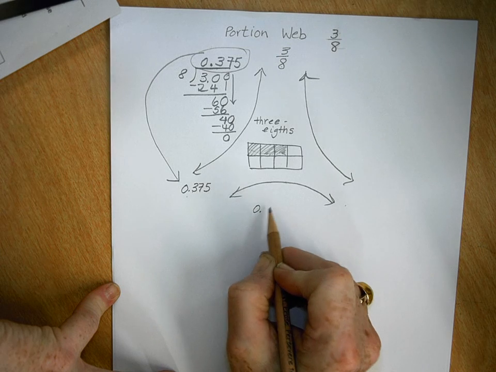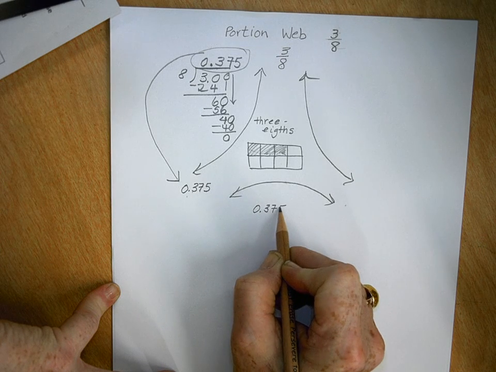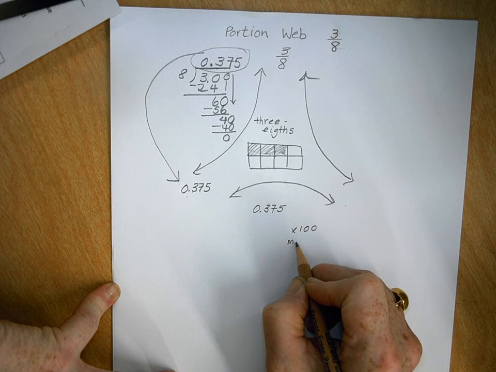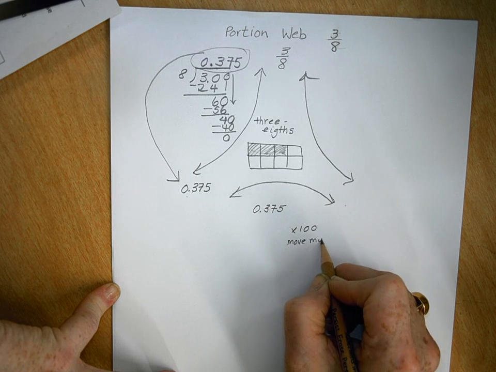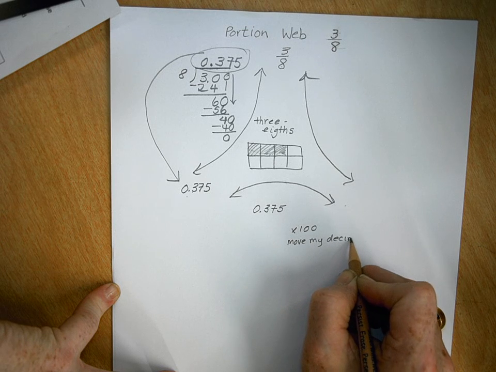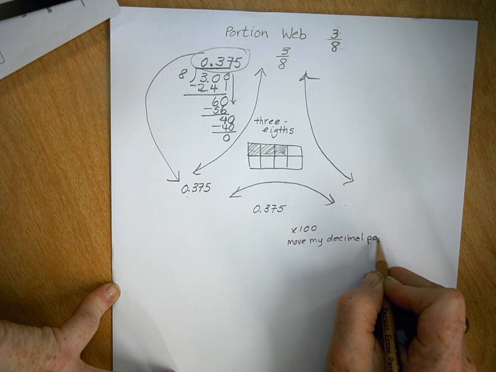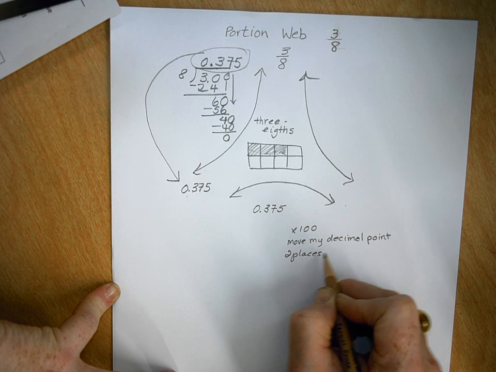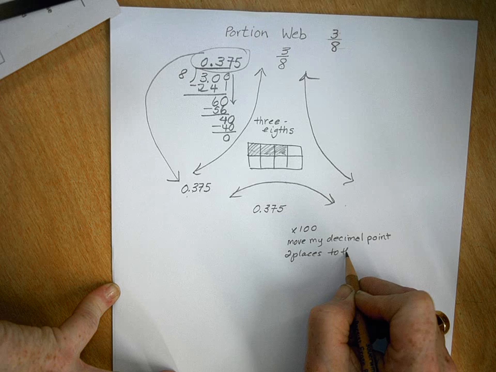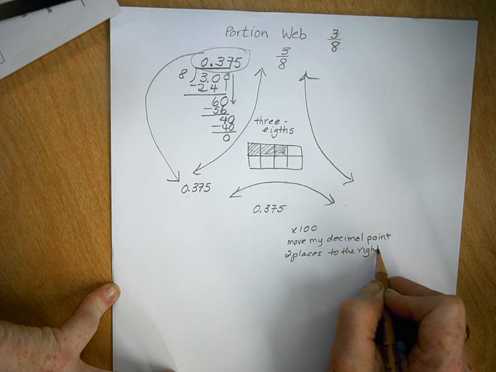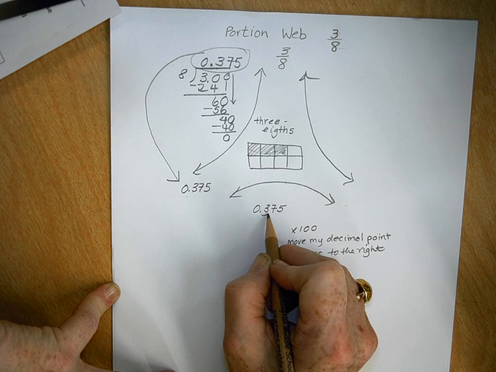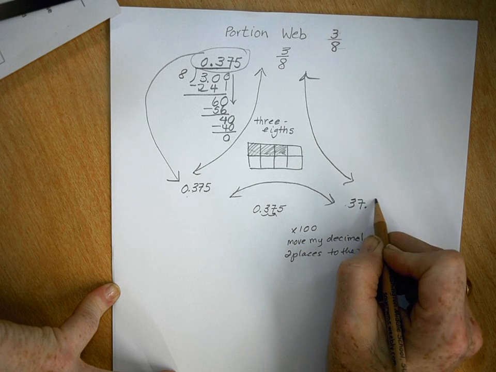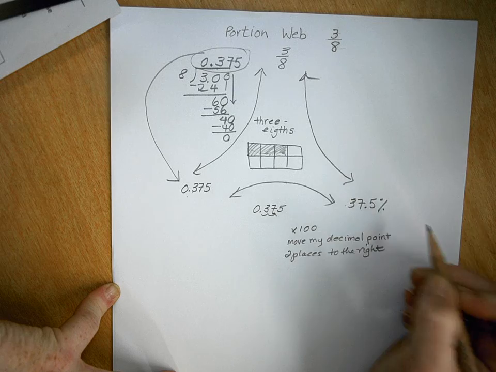So the easy way to do it is I move my decimal point 2 places, because when I multiply by 100, that means I move my decimal point 2 places to the right. So multiply by 100, that's going to leave me with 37.5%.